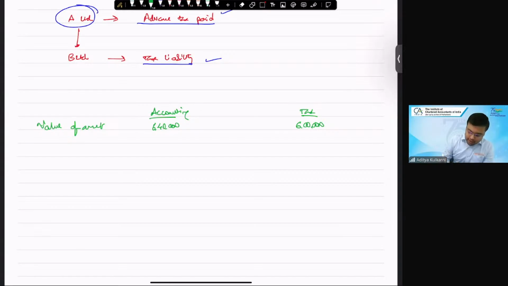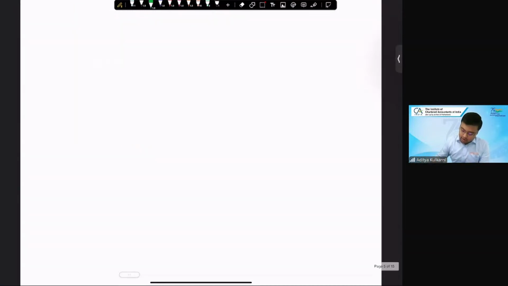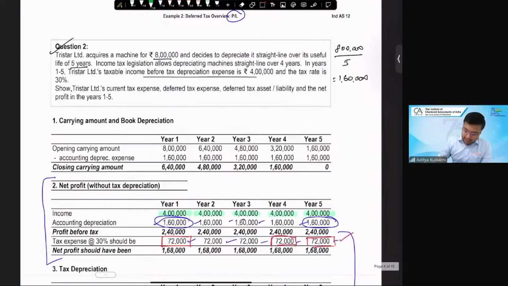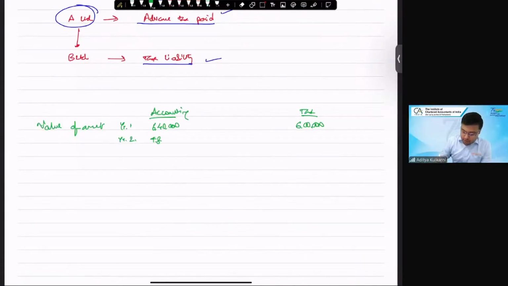That is year 1. Year 2, again it is accumulative. What is the value of the asset? 4,80,000 versus 4 lakhs. Year 2, again I will use this asset, and against this asset I will get some income.